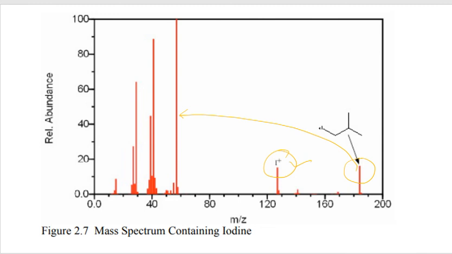In the case of an iodine containing compound, because iodine has a mass of 127, there is this huge gap from the molecular ion peak, the M plus, to the next peak. If you have this gap, you can easily predict that it is an iodine containing compound.